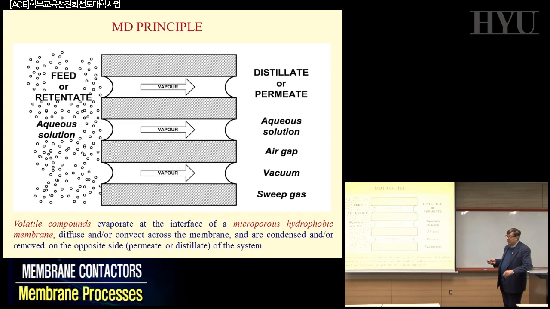In normal distillation, you have evaporation, condensation, and different kinds of configuration, plates, big columns with thousands of different places where evaporation and condensation take place, etc. In membrane distillation, everything is the same except that the phenomena of evaporation and condensation take place at the mouth of a microporous hydrophobic membrane.